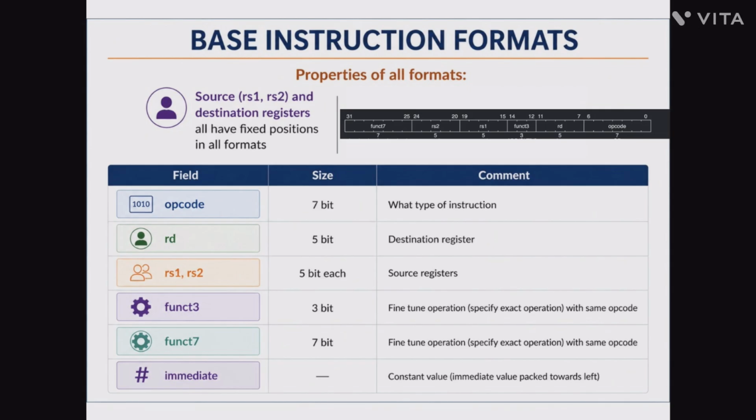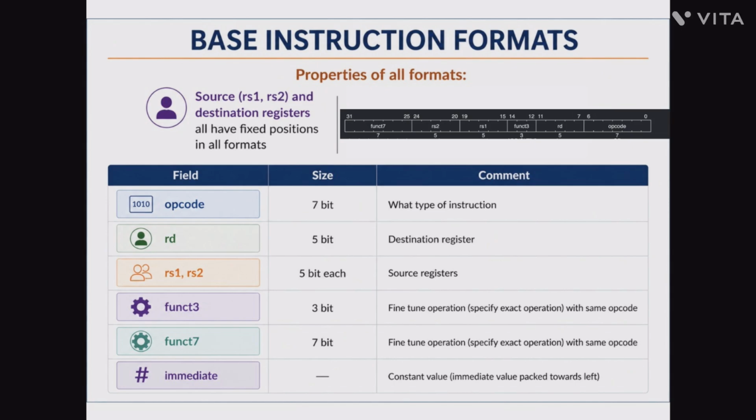RD is the destination register, stored in an address of 5 bits. Then RS1 and RS2 are source registers. Func3 and Func7 are 3-bit and 7-bit function determiners respectively, which decide what operation is being done in this type of instruction.